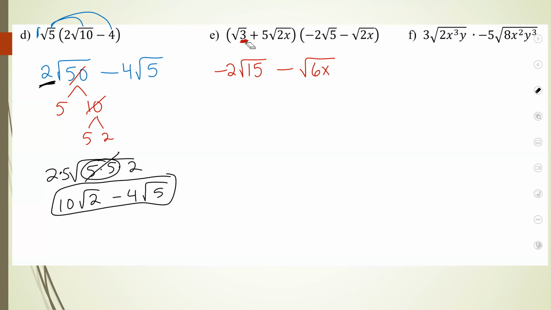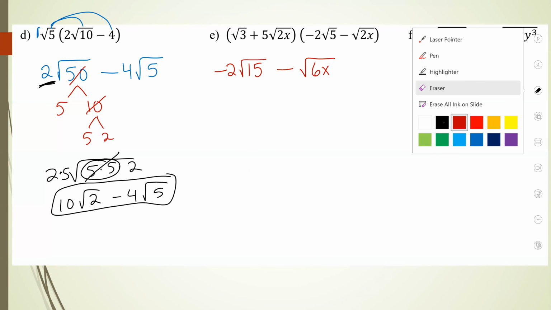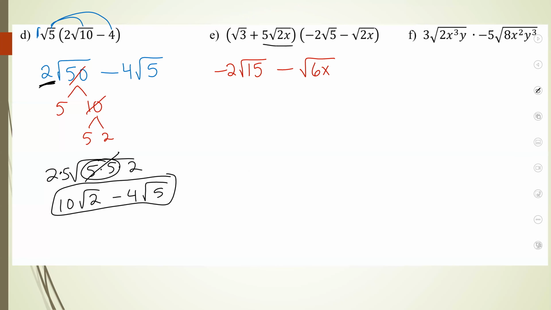Okay, let's do the next number. Now I'm going to work with the second number here. Multiply this by the first thing in the next parentheses. So 5 times negative 2 is negative 10. And let's see what goes under the square root. I have a 2x times a 5. That's 10x.